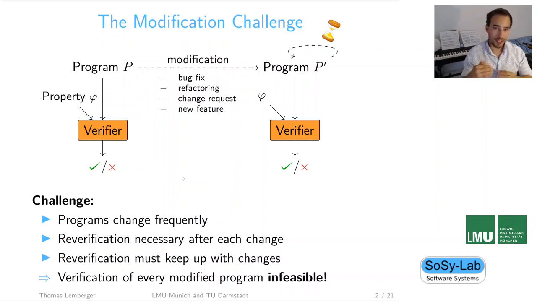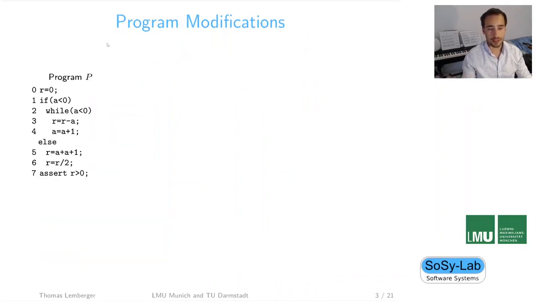First, the verifier may take quite some time to verify a program. This means that if modifications come faster than the verifier can find the solution to a task, then we can't use verification continuously. And then the verification is infeasible. So let's look at an example for this.